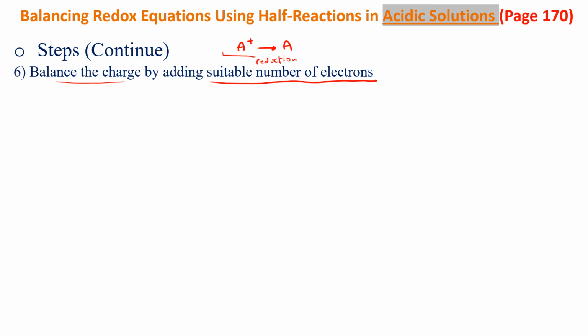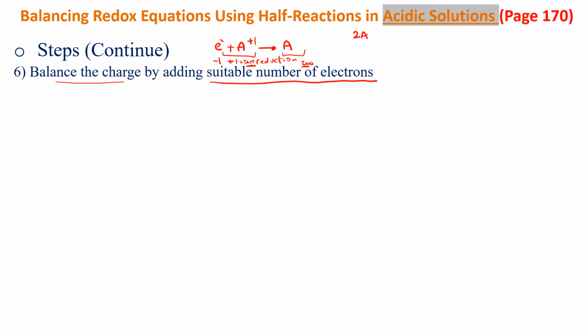What's the charge here? It's +1, because this plus here is +1. The charge here is 0. There's nothing. So because this is a reduction, the electrons will be here on the left side, absorbed, gaining. So what is the charge now? -1 + 1 equals 0. So 0 here, 0 here. Now you balance the charges, okay?